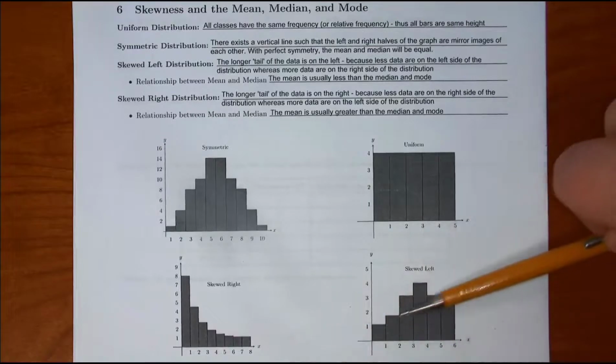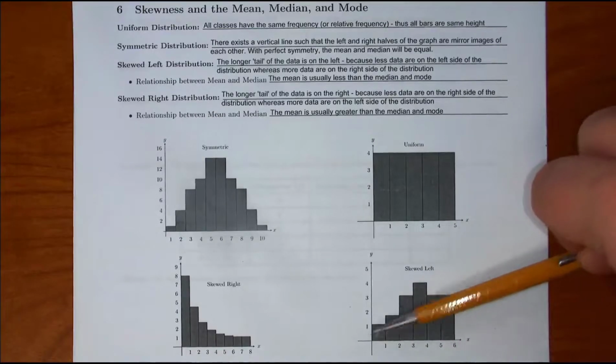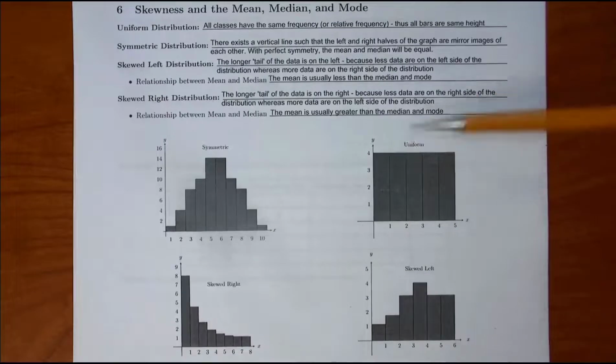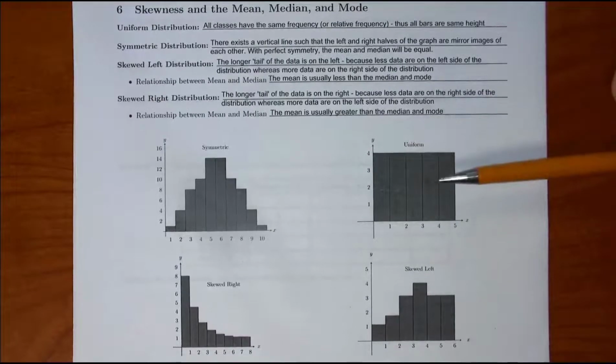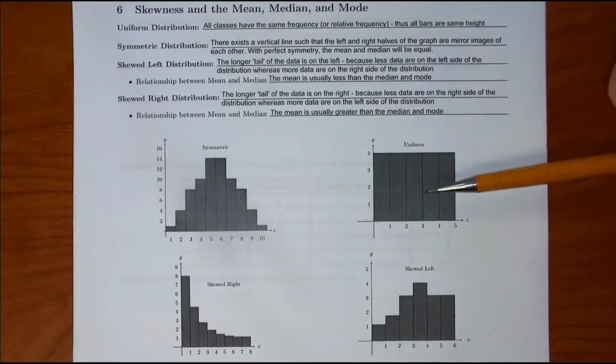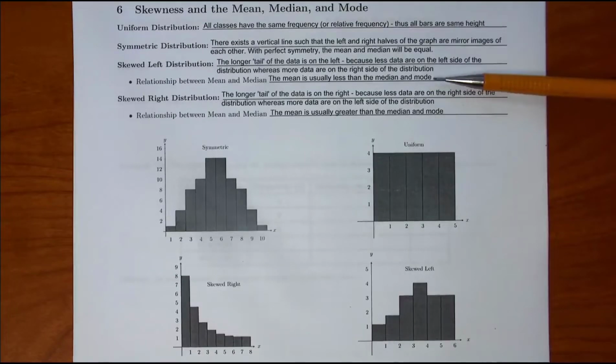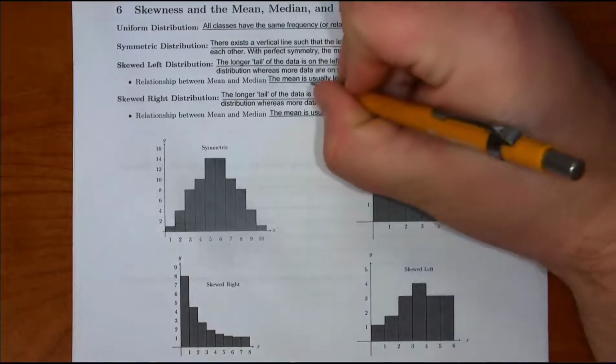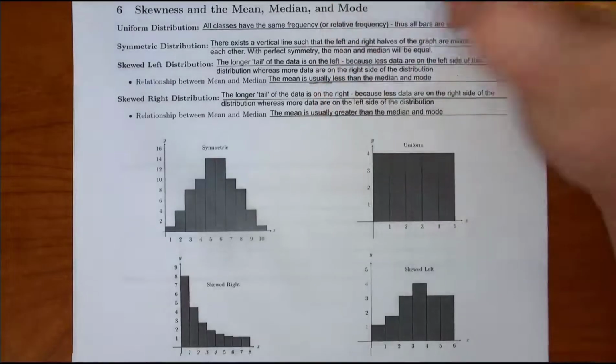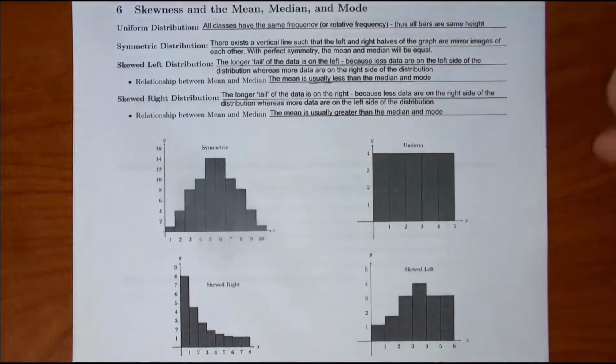A skewed left distribution has less data on the left side. Now, how does that relate to the mean and the median? Well, if you have a left-tailed distribution, the mean is usually less, and I say usually, that's a very important word, usually less than the median and mode.